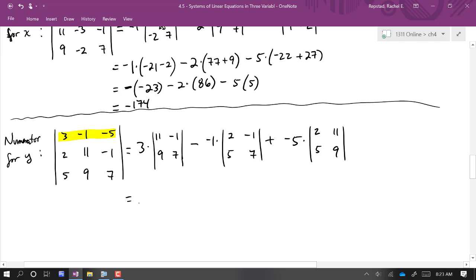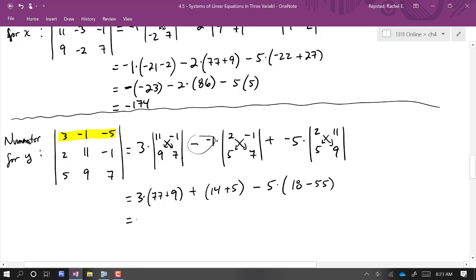Okay, now let's whip into a frenzy of multiplying and subtracting. Let's see, 77 minus a negative 9, so plus 9. Then we have plus 1 times 14, plus 5. And then minus 5 times 18 minus 55. 77 plus 9 is 86.